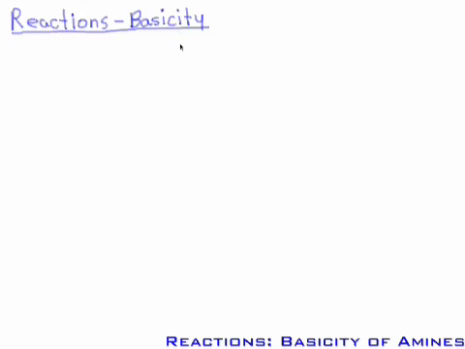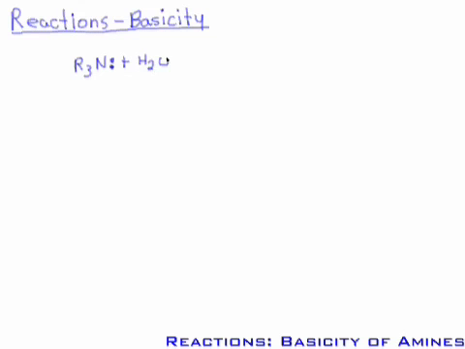And so if we take a close look at amines, because nitrogen's somewhat less electronegative than oxygen, the lone pair it bears is more susceptible to protonation, and as a result, amines are more basic than corresponding alcohols.